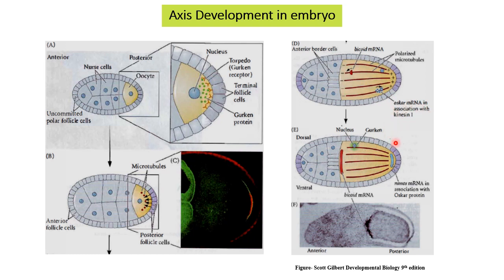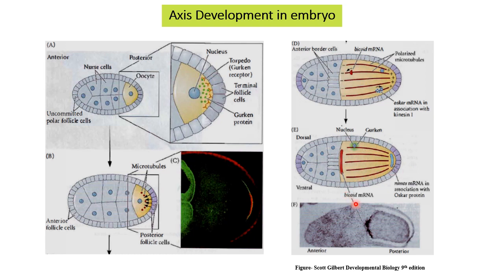So basically, Oscar protein is formed, which binds to nanos mRNA, and hence the posterior end is formed, and bicoid mRNA is transported to the negative end with the help of dynein.